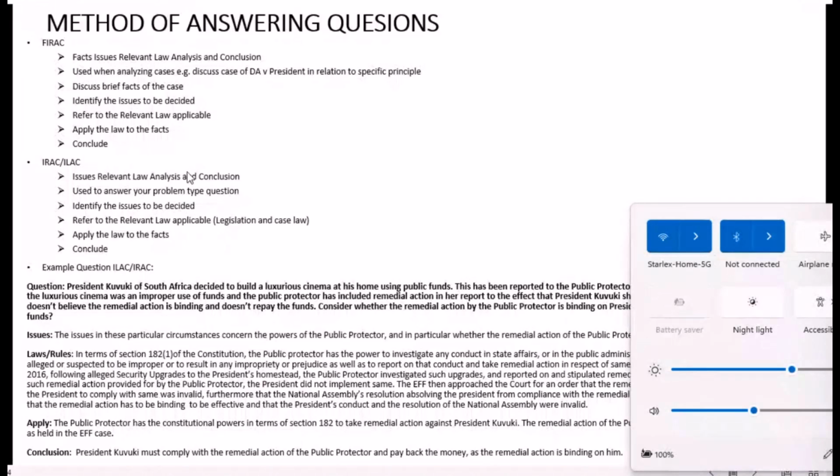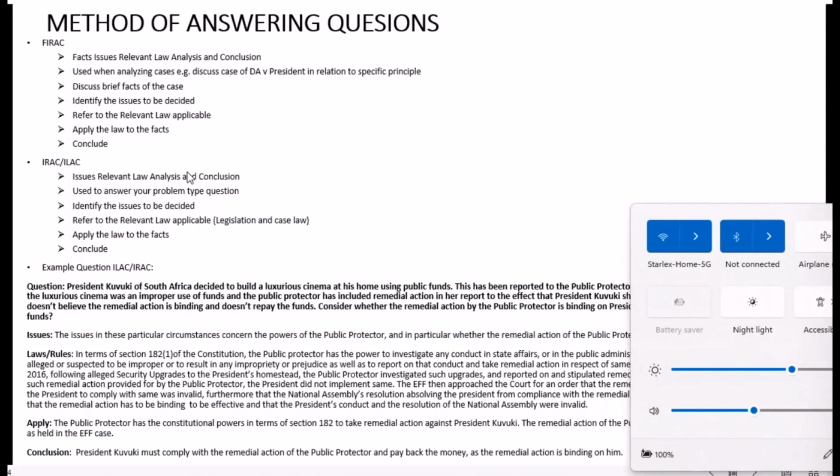It's not like if you do not strictly follow these steps, then you won't get your marks. So colleagues, this is just to assist you. It doesn't mean you need to cram this way of answering questions. As long as you are substantiating yourself adequately, you will get your marks.